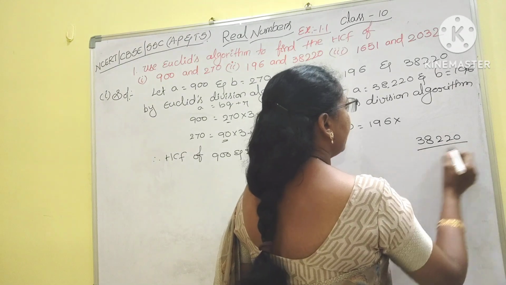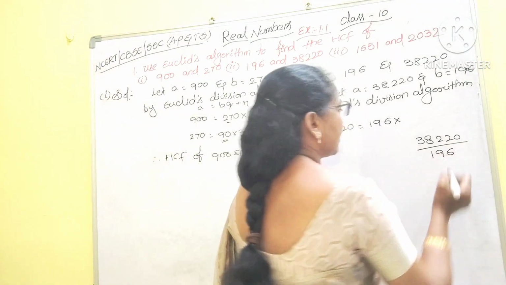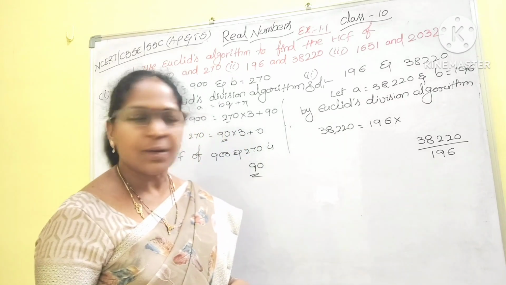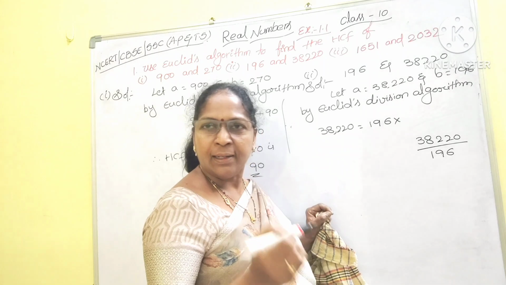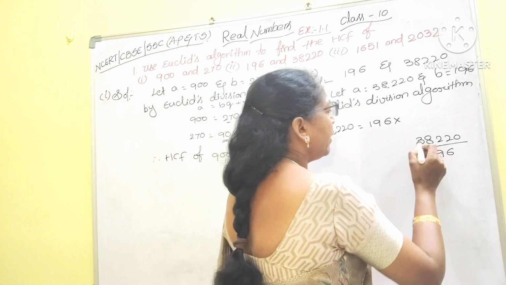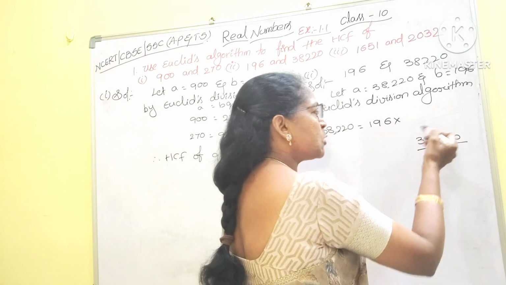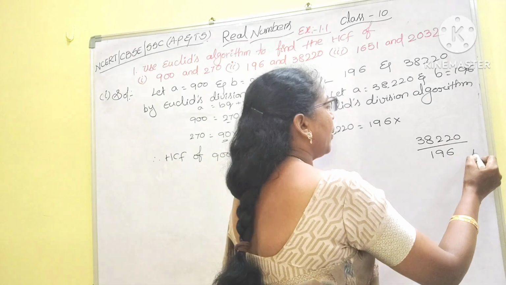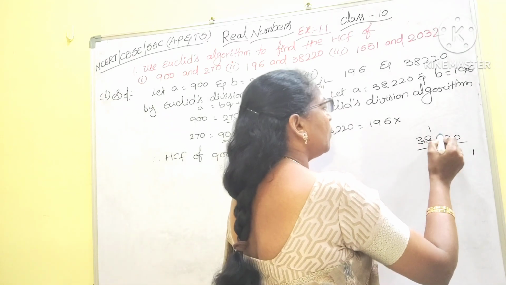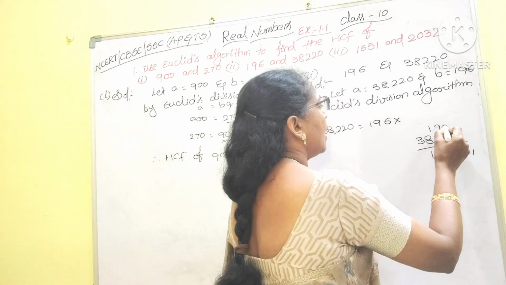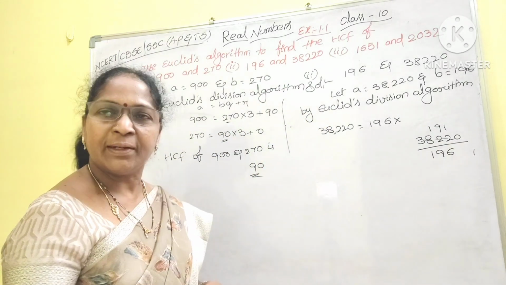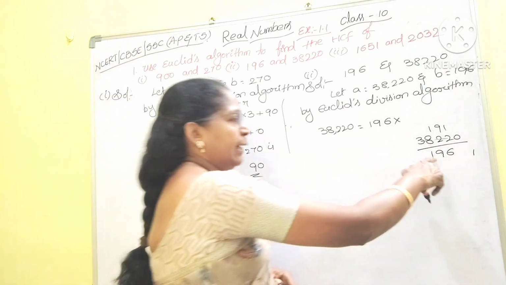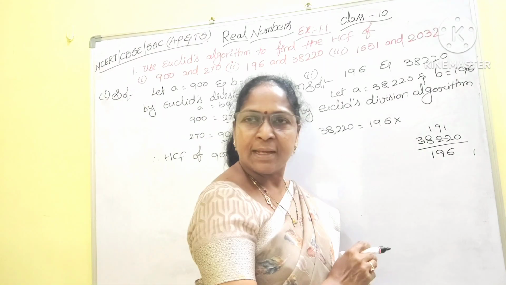38,220 divided by 196. Just the ratio you have to consider in this. This is nearest to 200, that I already told. 200 here, how many times is it divisible like this? In this, 200 and 9 times, and 191 times it divides this number.